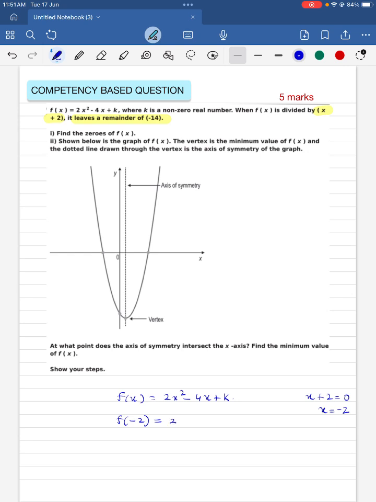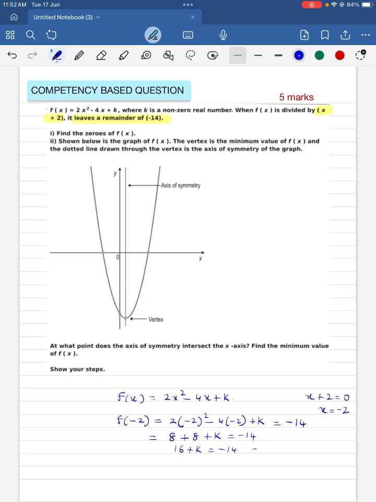So this is equal to negative 2 the whole square minus 4 times negative 2 plus k. And this remainder is given to be minus 14. So we can equate this to minus 14. So this is going to be equal to 4 plus 8 plus k equal to negative 14, which gives us 12 plus k is equal to negative 14.